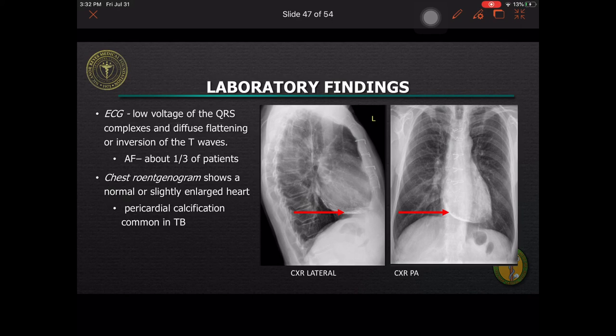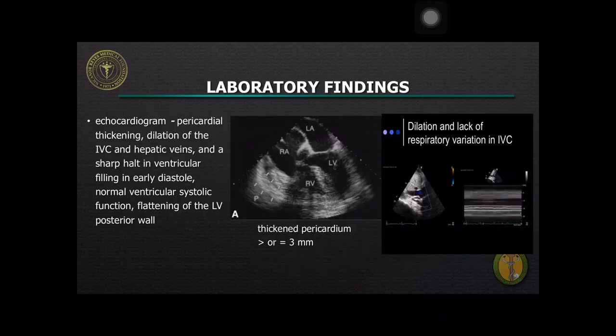This is most commonly noted in patients with TB. The echocardiogram shows pericardial thickening, dilation of the inferior vena cava and hepatic veins, and a sharp halt in ventricular filling in early diastole, with normal ventricular systolic function. There is flattening of the left ventricular posterior wall during diastole.